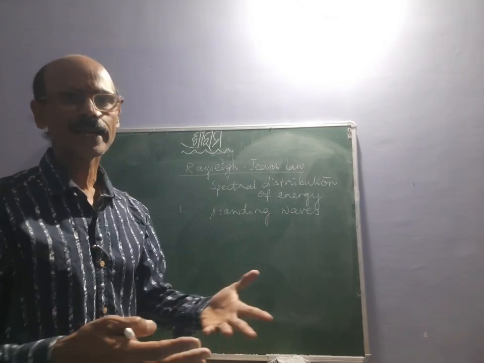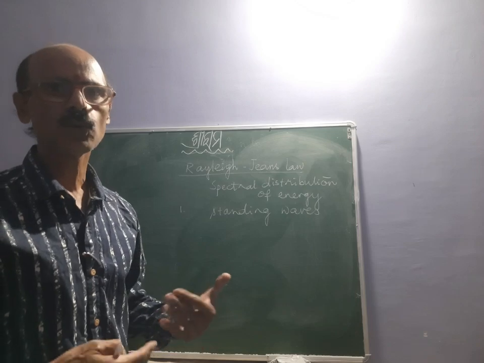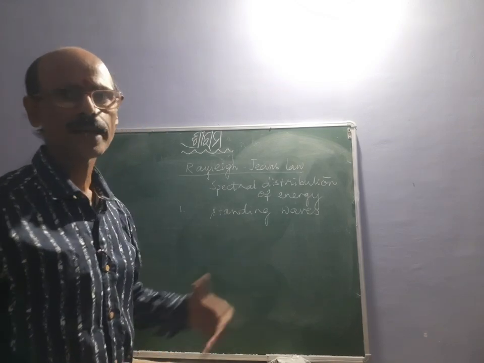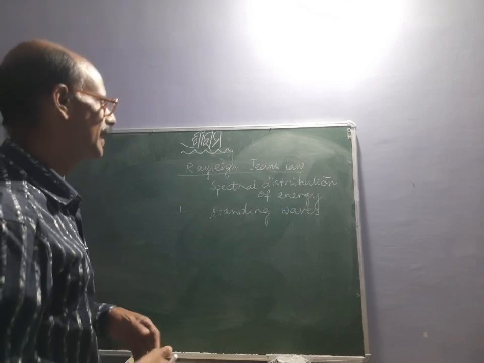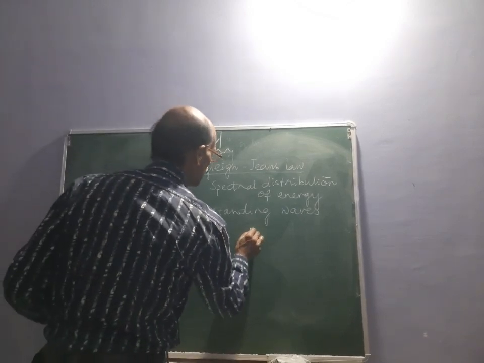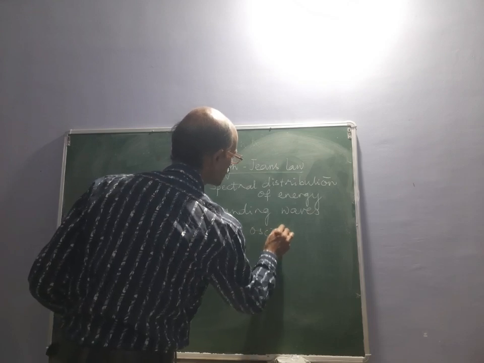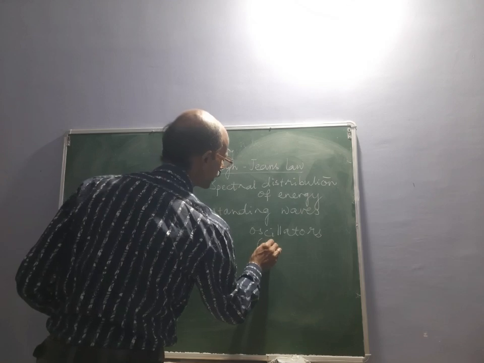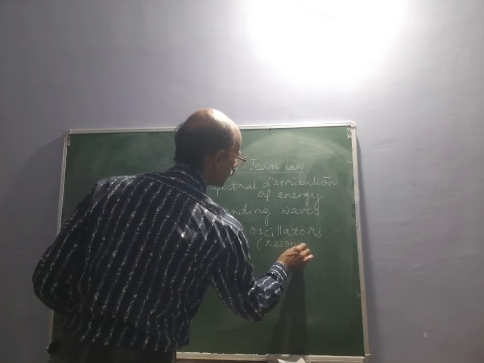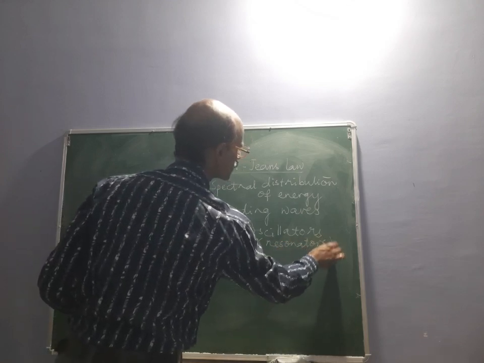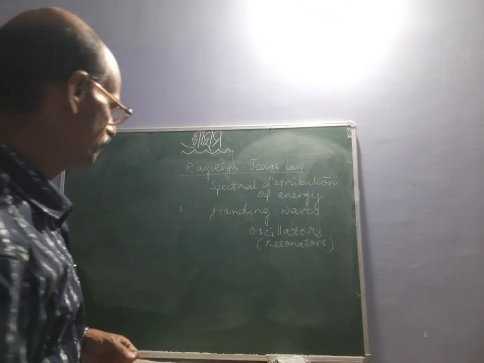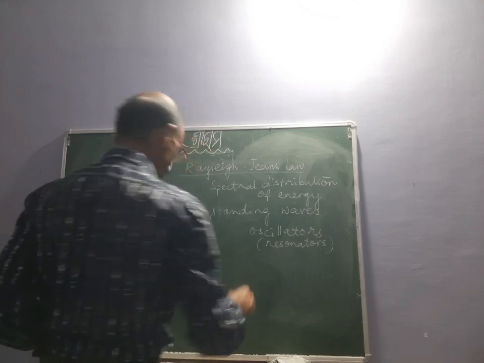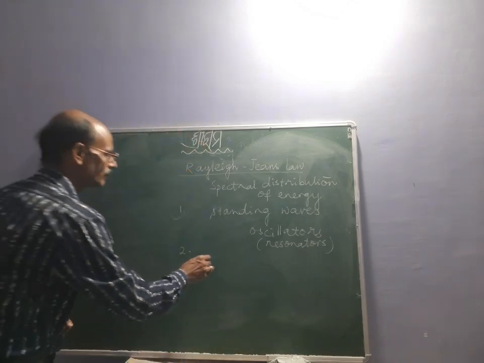So the energy radiated by the black body, that is electromagnetic radiation, consists of stationary waves or standing waves, and they are considered as oscillators or also called resonators. This is the first assumption, and the second assumption is energy is continuous.